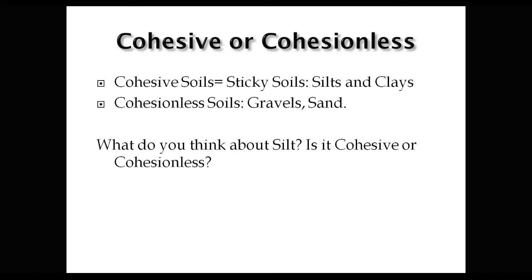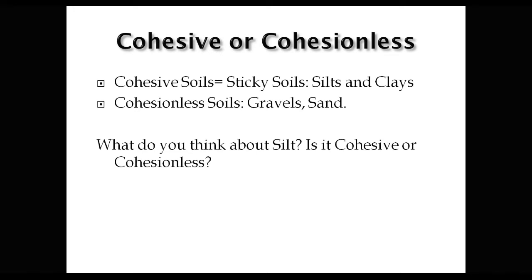Now, coming to the second concept associated with soil classification, although it's not a direct part of the soil classification, I would like to include it here as opposed to later because I would like you to know what is cohesive soil and cohesionless soil, because this is going to tie in with the future discussions I'm going to have in the lectures.